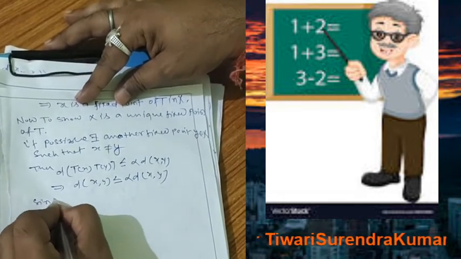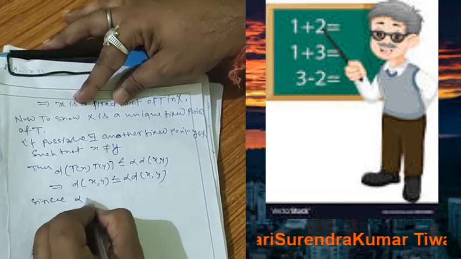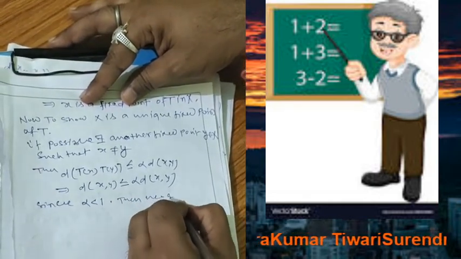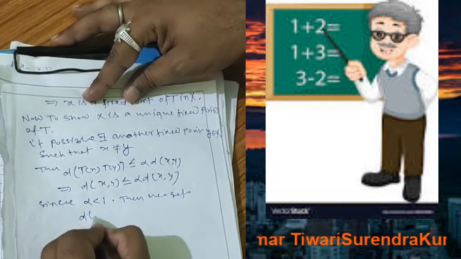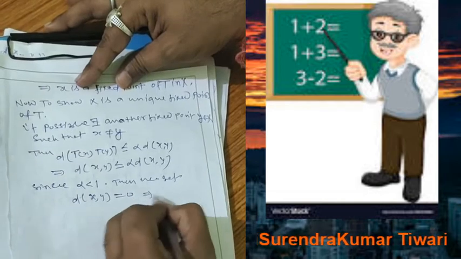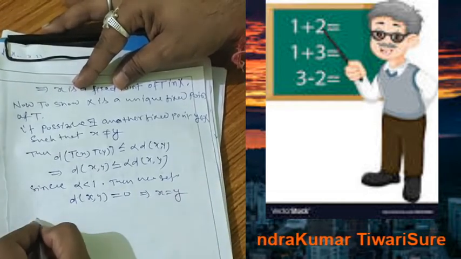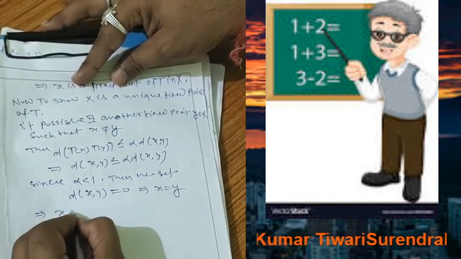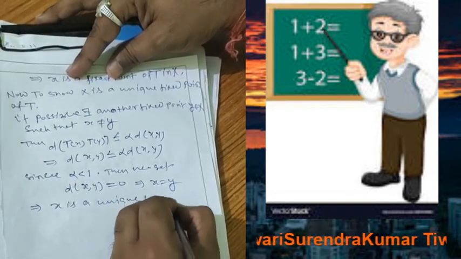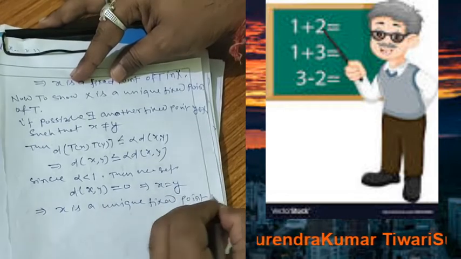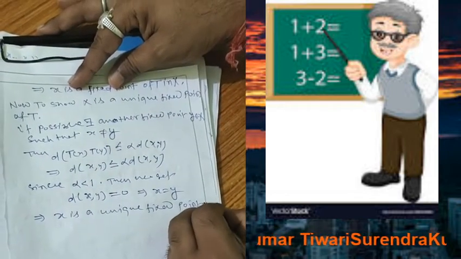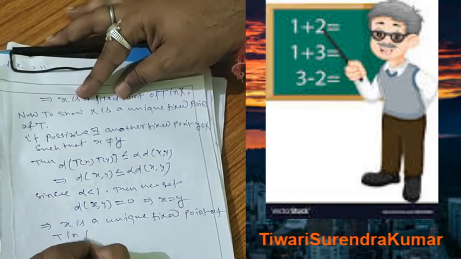Since alpha is less than 1, we get d(x, y) is equal to 0, which implies that x is equal to y. Hence x is a unique fixed point of T in X.